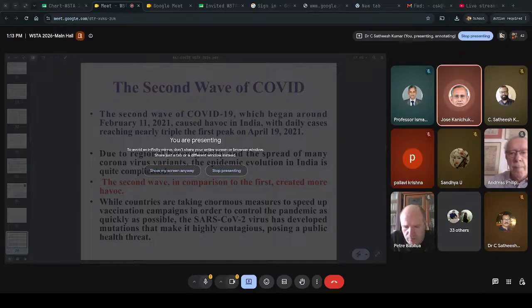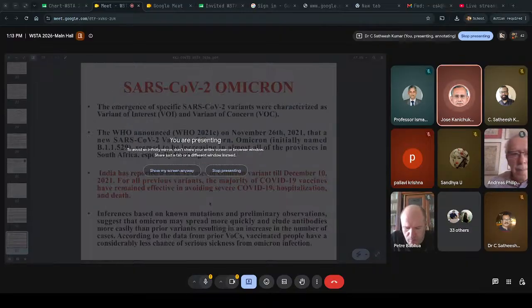The second wave of COVID occurred, you remember, with Omicron and other things, during April 19, 2021 onwards. The second wave, in comparison to the first, created more havoc. Omicron was the terminology used, and India reported a total of 32 cases of the Omicron variant. The virus was found to be stronger.